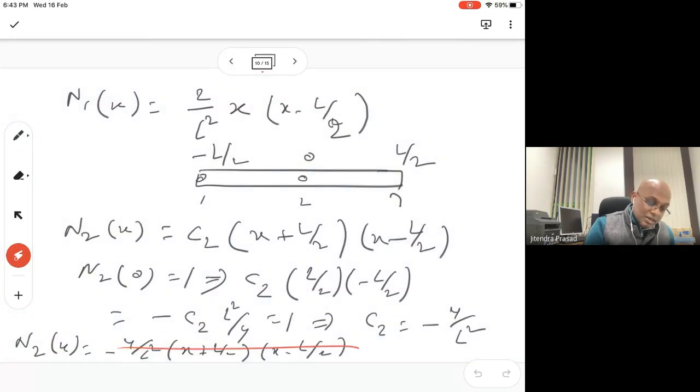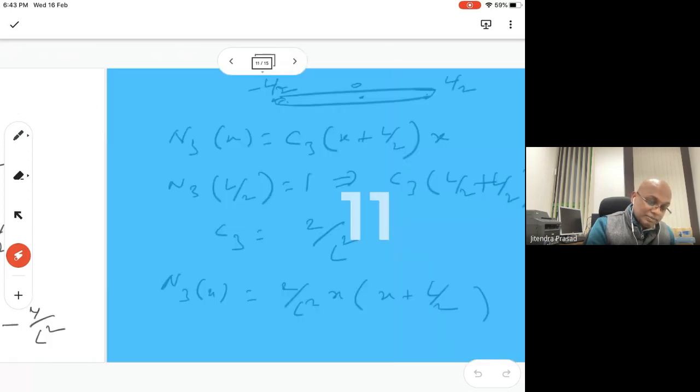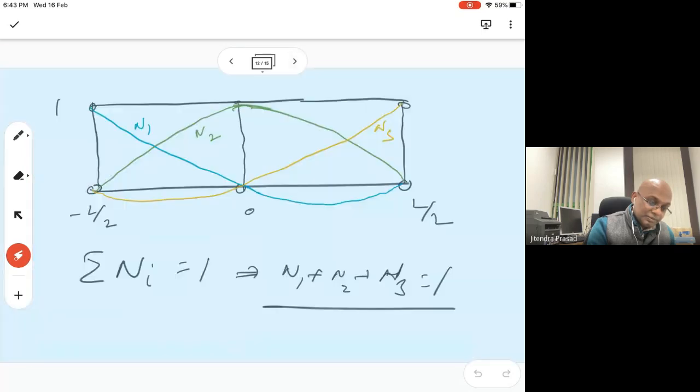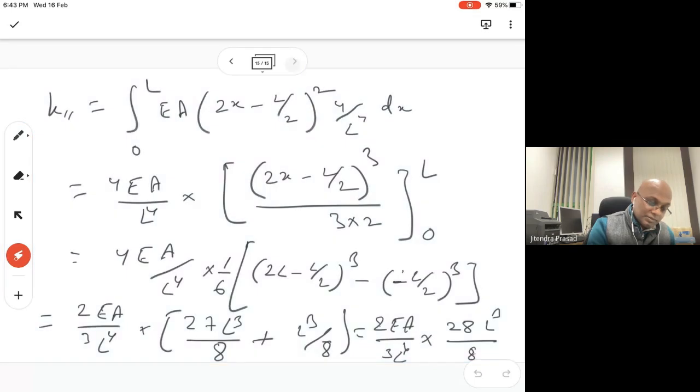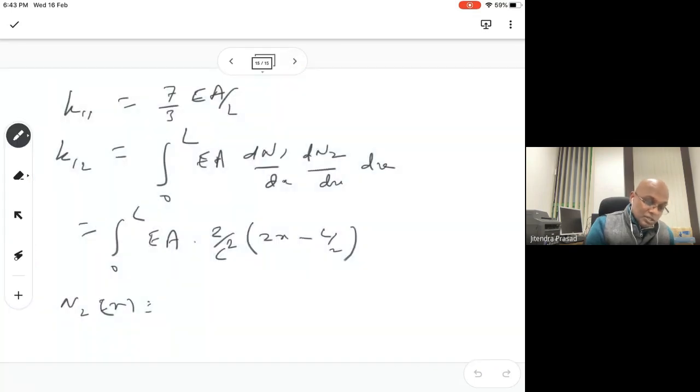So N2 is minus 4 by L square, x square minus L square over 4, right? So minus 4 over L square multiplied by x square minus L square over 4.